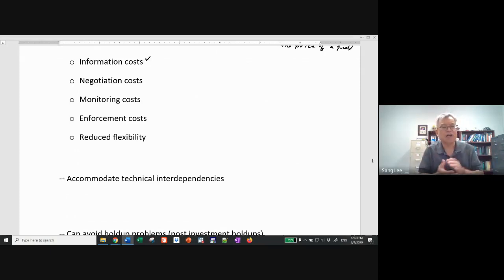So you have to do a lot of homework. You have to search the market and find out a lot of information, which takes time and money. That's information cost.